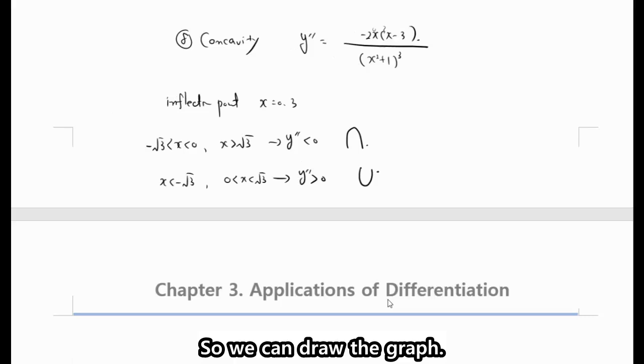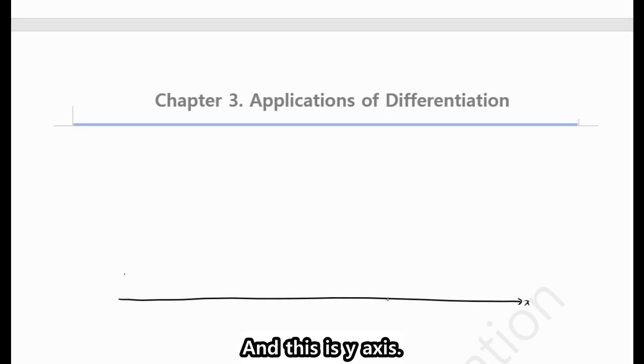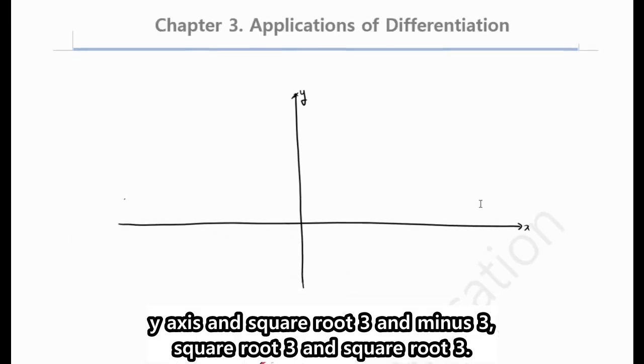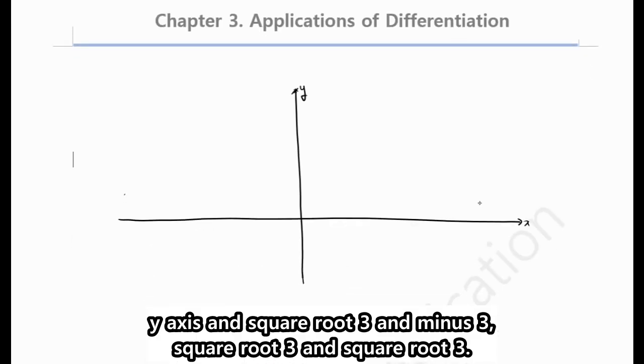So we can draw the graph. This is the x-axis, and this is the y-axis. Mark minus square root of 3 and square root of 3.